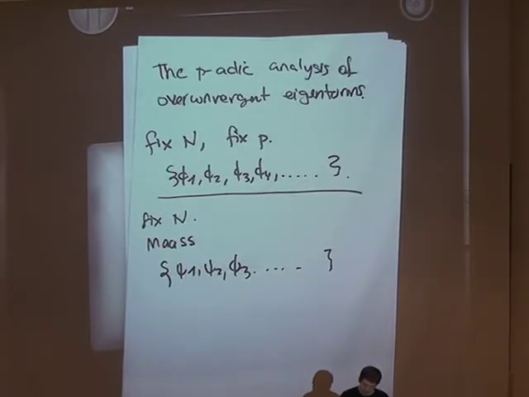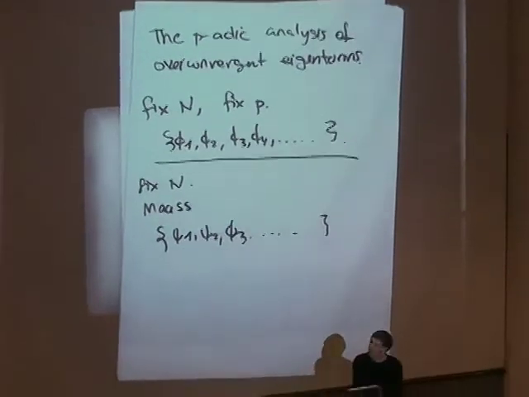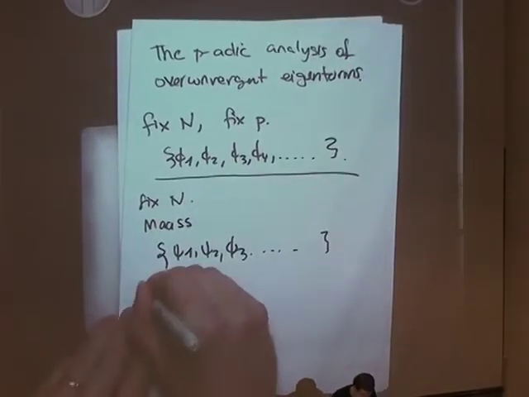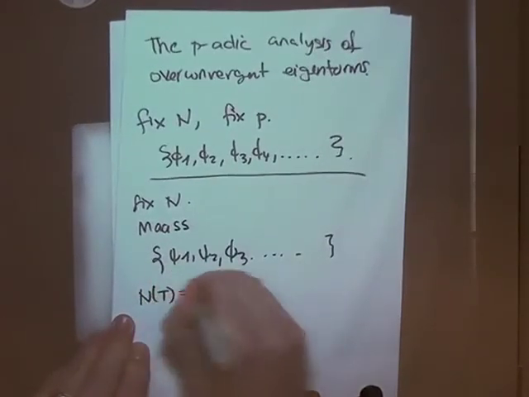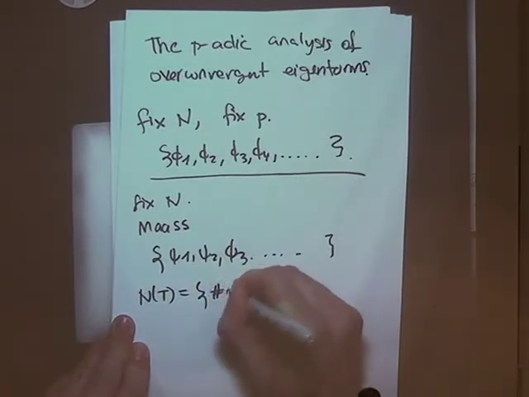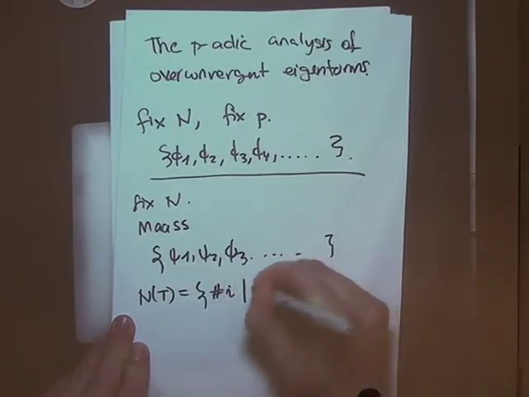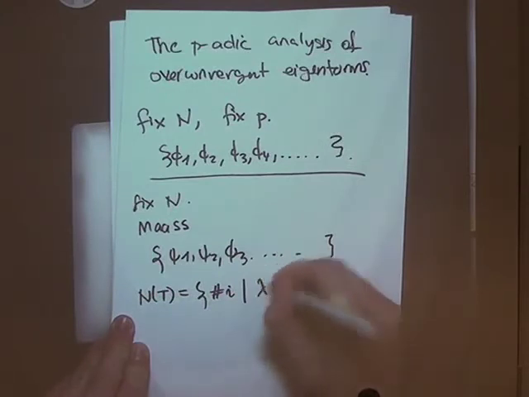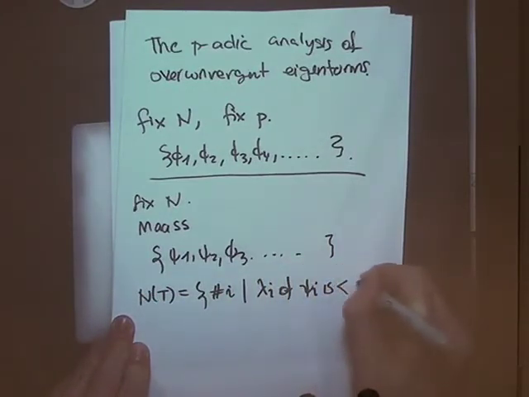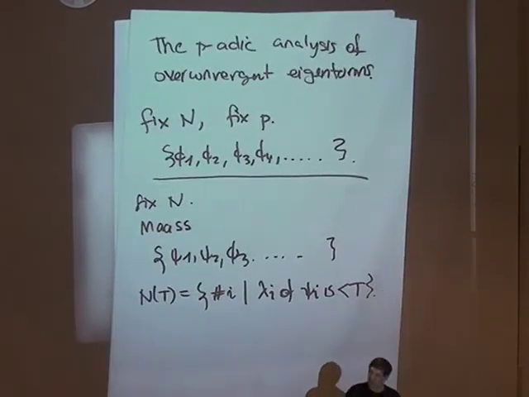Well, here's a fact about Maass forms. They come with some eigenvalue of the Laplacian. And for example, you could count how many of these there are, the number of i such that the Laplacian eigenvalue, I'll call it lambda i, of phi i is less than t. So there's some countable sequence.